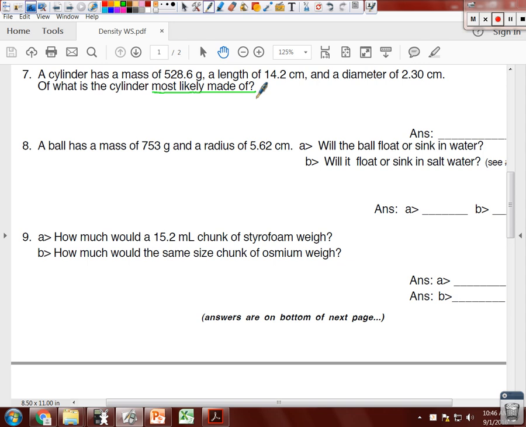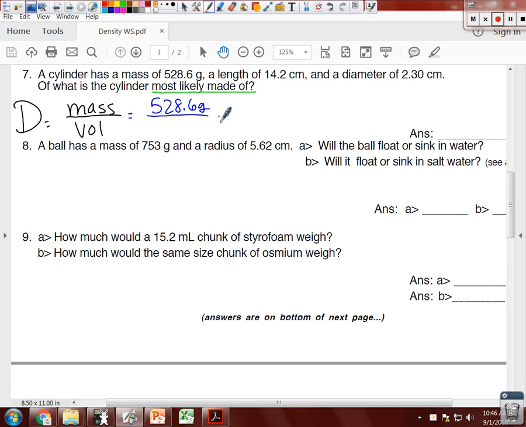The only way we can determine that substance is by calculating the density. So we have to get a number, but it's not going to be the answer. So we do have to calculate the density to determine what the substance is. Density is mass divided by volume. My question to you is, is there any number in the data that can be plugged in right now? Very good. 528.6 grams.